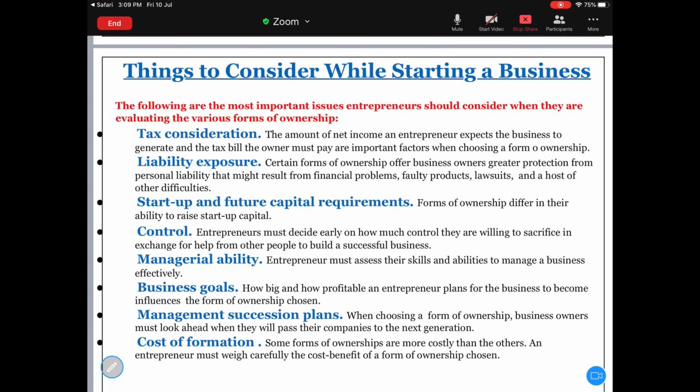So similarly, we'll have to keep in mind that a proprietorship needs less money maybe initially, and if we are into partnership or another form of ownership, we'll need more. So we must make an evaluation of ourselves, of what suits us more.